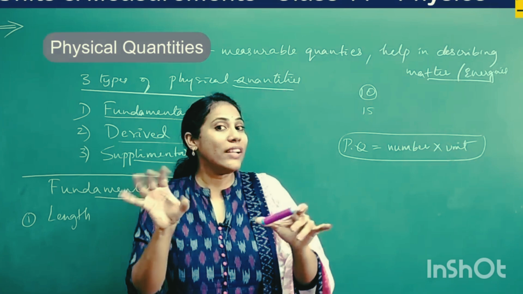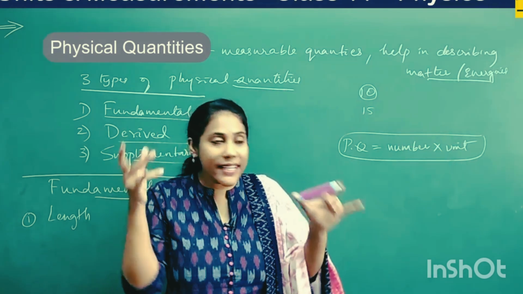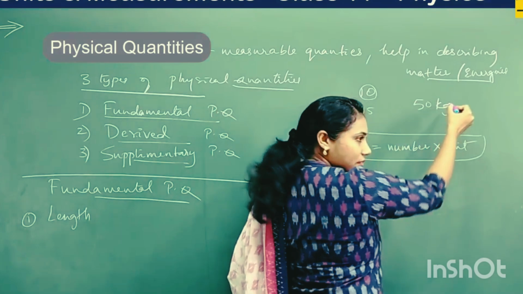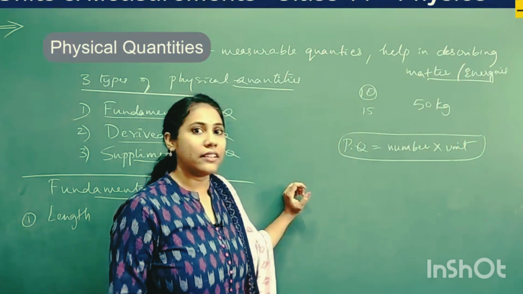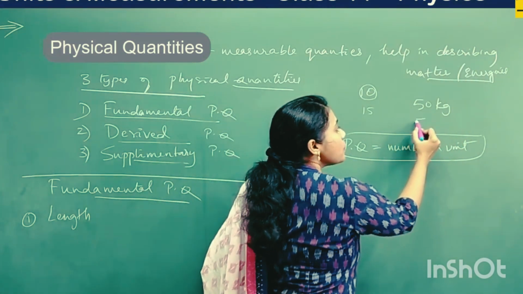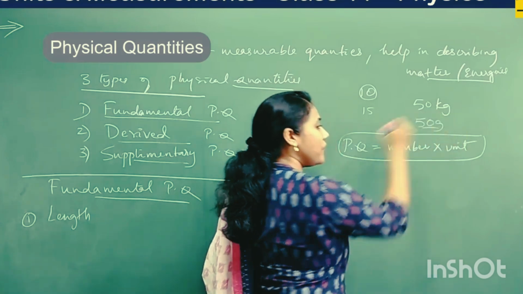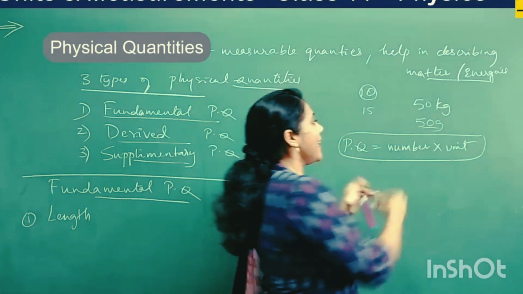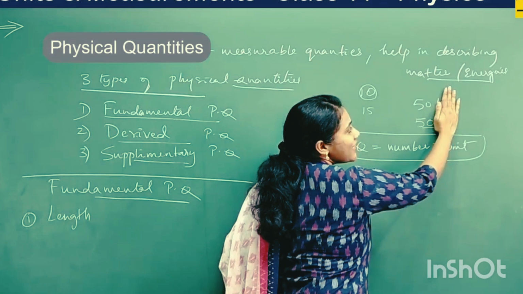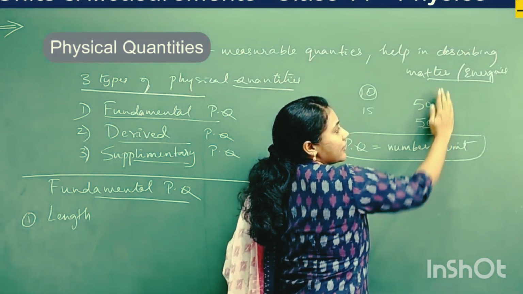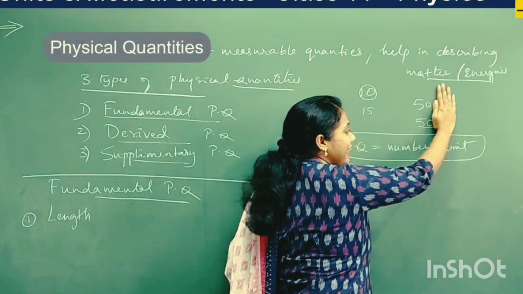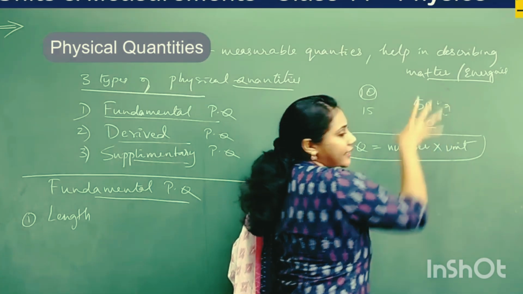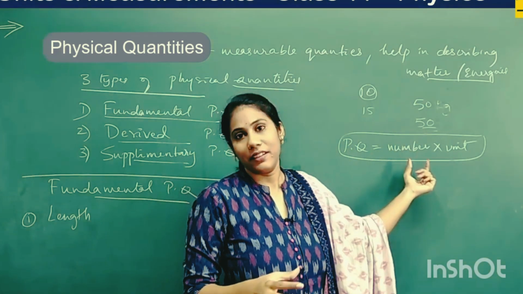Only then you will have clarity. When you say I want 50 kgs of rice, or 50 grams of rice, then the shopkeeper will understand. But if you just say 50, there is no meaning for this digit. So meaning will come when you add a unit to a number, right?